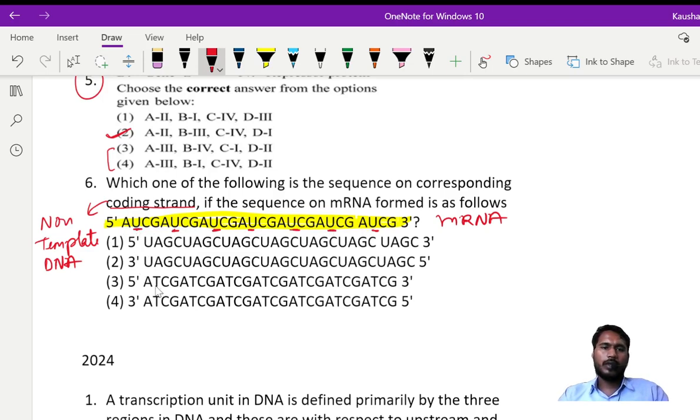Then A T. Here also T. A, T. Okay, all same. You can count also. 1, 2, 3, 4, 5, 6, 7. 1, 2, 3, 4, 5, 6, 7. Okay, this is the correct answer.